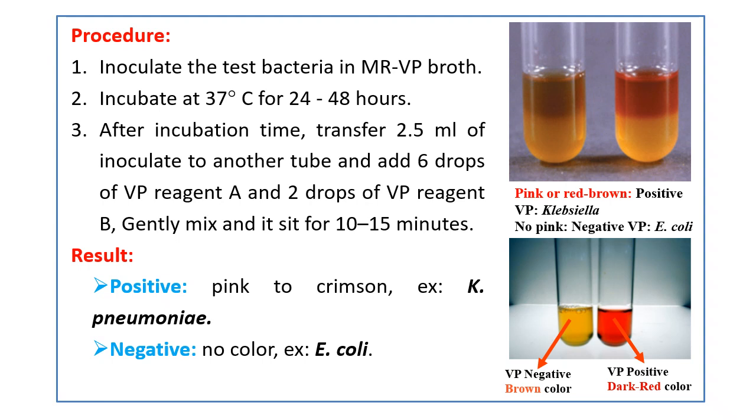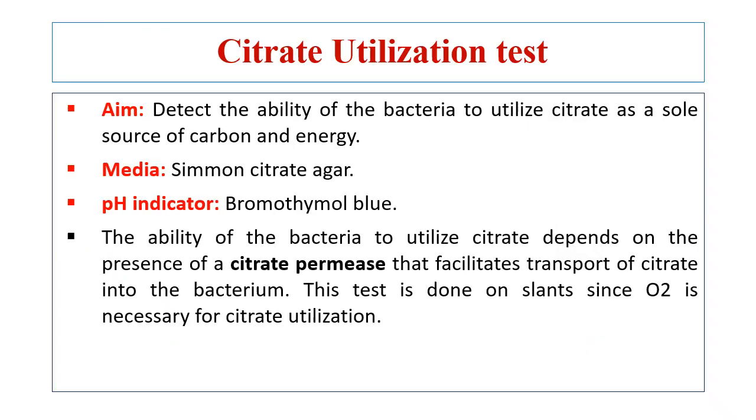The positive result appears as a pink or red color, and the negative result shows no color change. The media remains yellow. An example of a positive result is Klebsiella pneumoniae. An example of a negative result is E. coli. That means Klebsiella pneumoniae ferments glucose incompletely and produces acetoin from this fermentation.